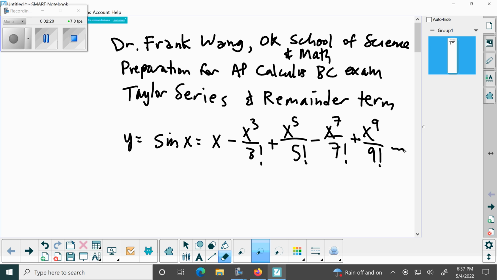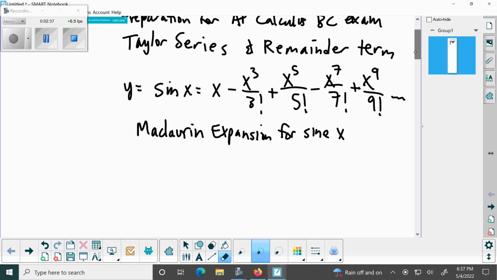And so this is called the Maclaurin expansion for sine x.